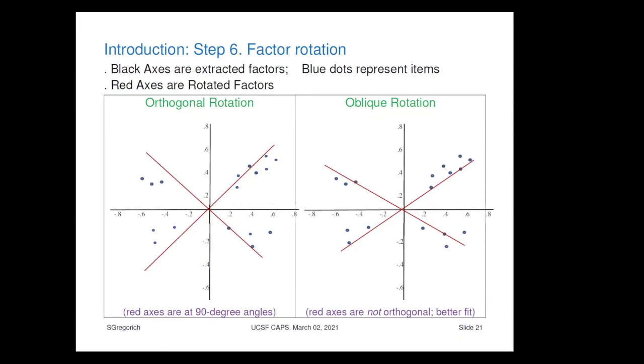The black axes are the extracted factors, and the blue dots represent the items as projected onto the extracted factors. The red axes are an attempt to find a rotation that is orthogonal, that fits the points, the blue dots, as well as it can. So the two red axes are at 90 degrees. So they're orthogonal.